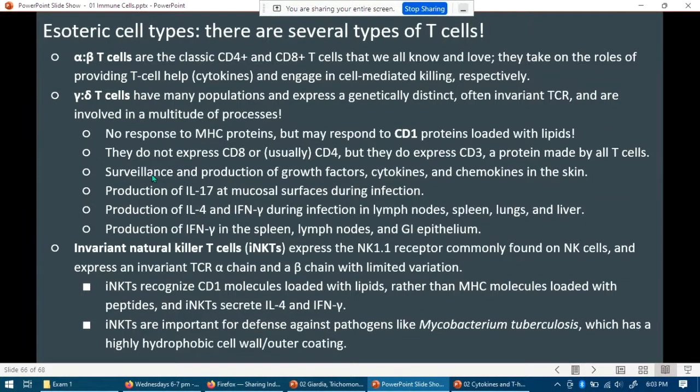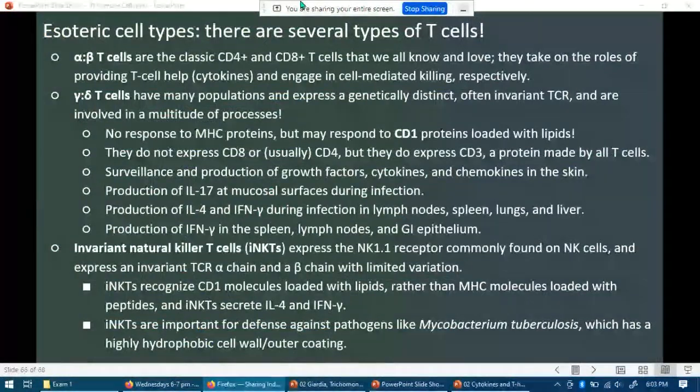One of their functions is the surveillance and production of growth factors, cytokines, and chemokines in the skin. So they can help to maintain homeostasis. They help skin grow at a constant rate by providing skin stem cells with growth factors. They also make cytokines and chemokines in the event of an infection.